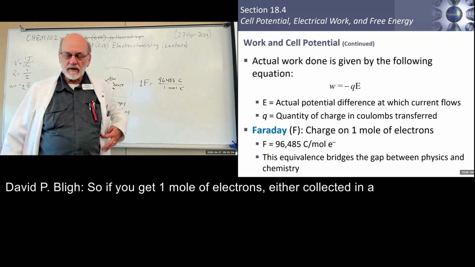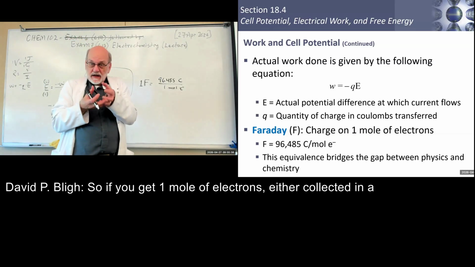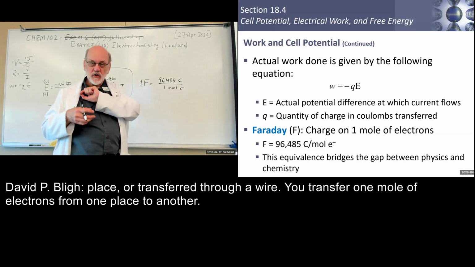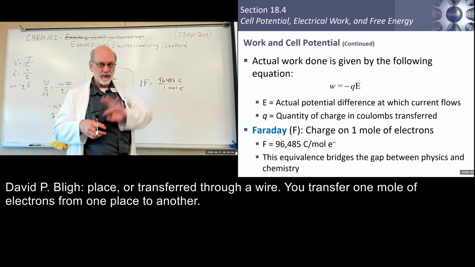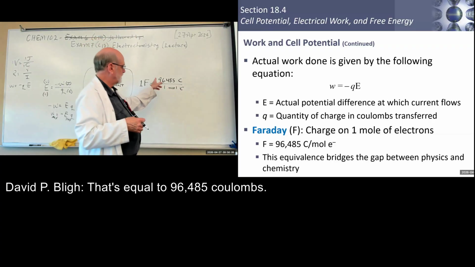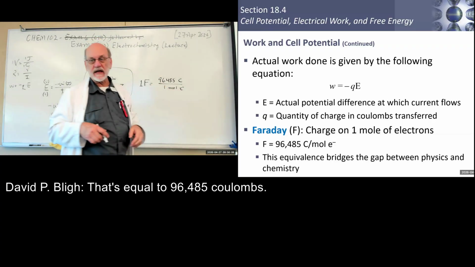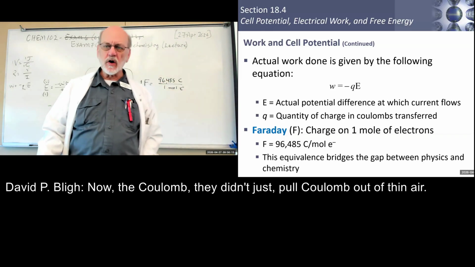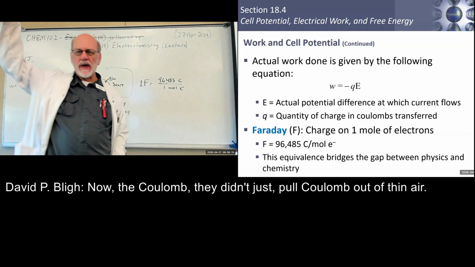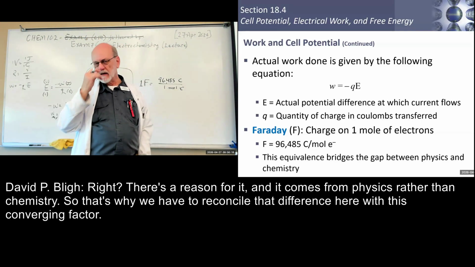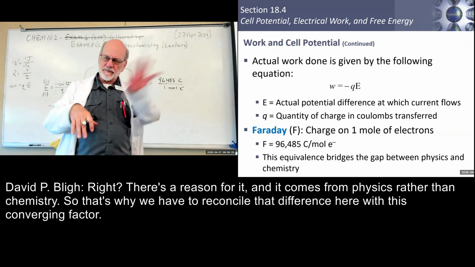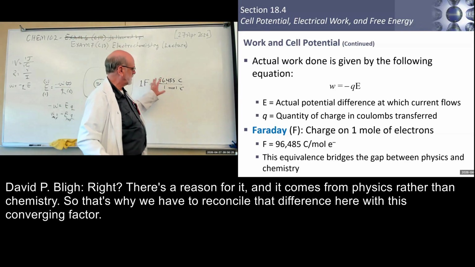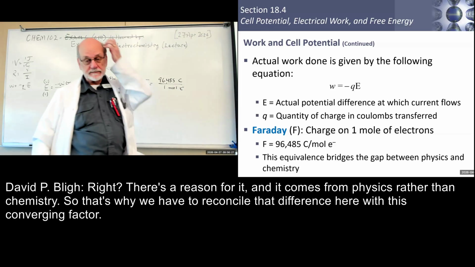So if you get 1 mole of electrons either collected in a place or transferred through a wire, that's equal to 96,485 coulombs. Now, they didn't just pull the coulomb out of thin air. There's a reason for it, and it comes from physics rather than chemistry. So that's why we have to reconcile that difference with this conversion factor.